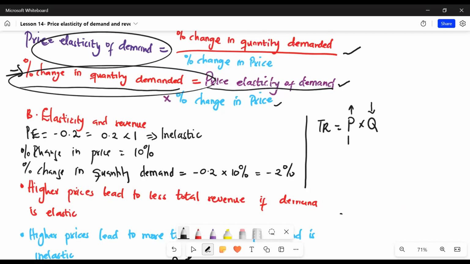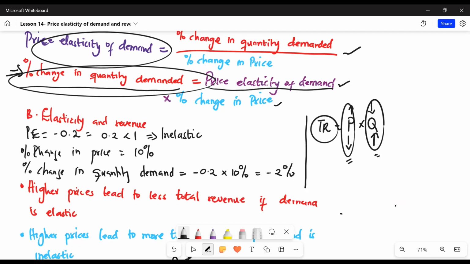And if price reduces, according to the law of demand, quantity will increase. Because these two elements are moving in opposite directions, producers have to be very careful about how they change the price, because that will affect quantity, which will in effect affect their total revenue.